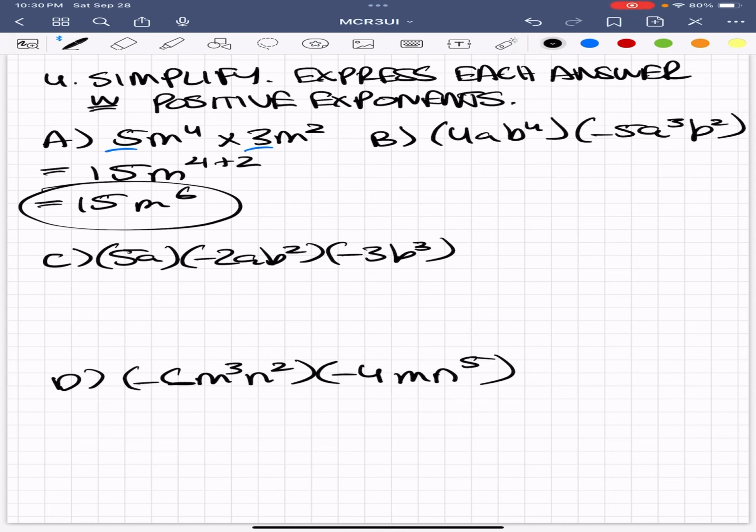And then we have coefficients of 4 and -5, which would be -20, and then we have a, and then we have b.